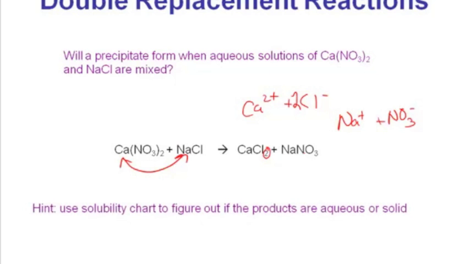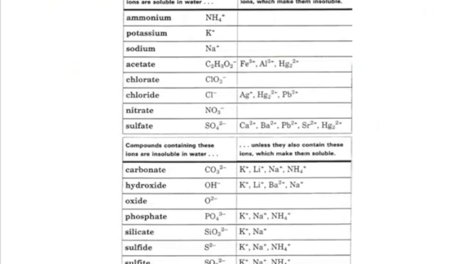The next step is to figure out whether or not these products are aqueous or solid. So I refer to the chart. Calcium chloride. Well, anything with chloride is considered aqueous.